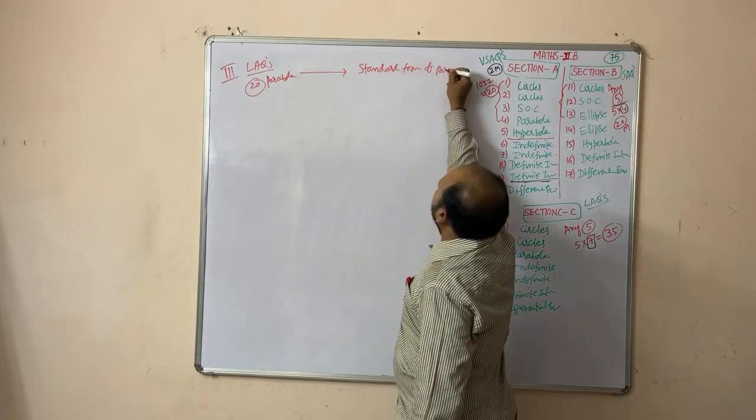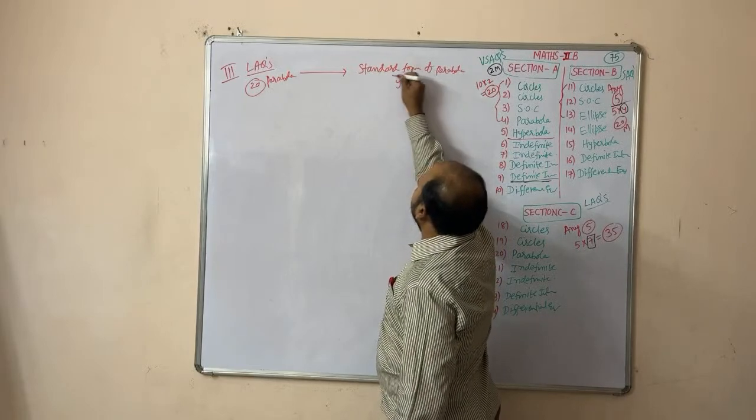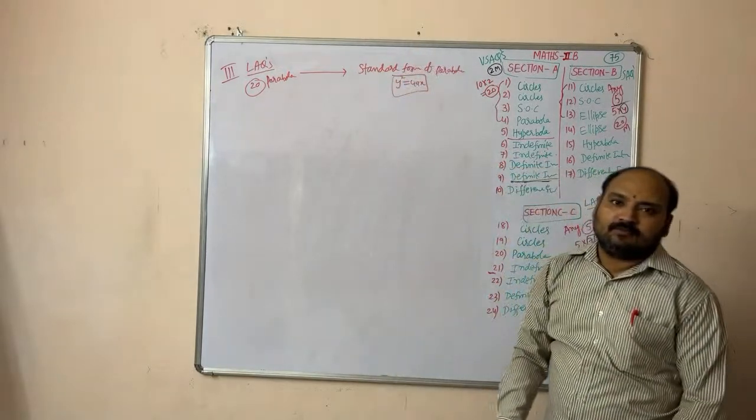Proof of the standard form y square is equal to 4x, they will ask. That is the first preference.